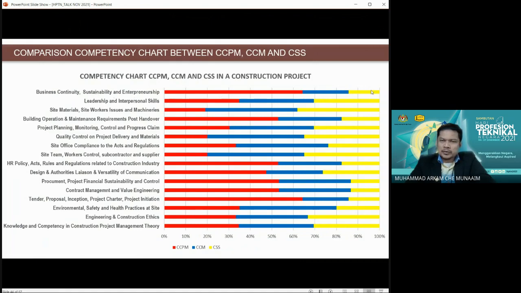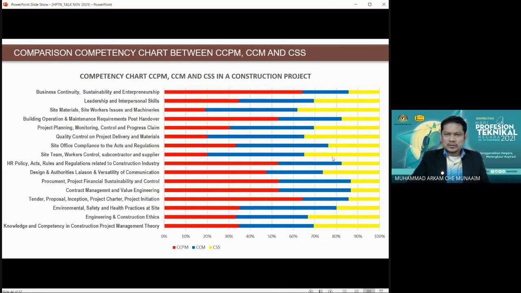Of course, CSS won't look into this so much. The person who needs to look into this is the CCPM, because they need to ensure business continuity after the completion of the work, for example. Then site team, workers control, subcontractors and suppliers.